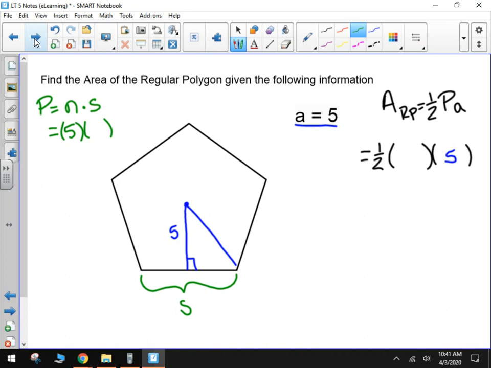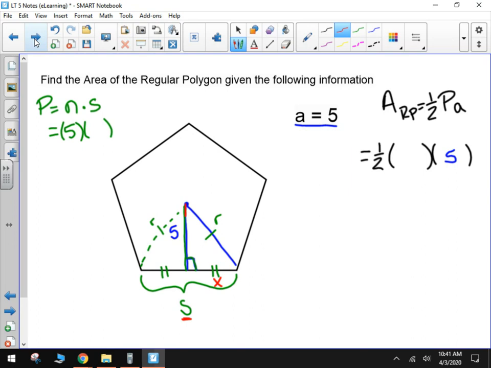Remember, when I draw this triangle, these two sides are the radii, and they're going to be equal to each other, creating an isosceles triangle. So when I draw the apothem, it not only makes 90 degrees, but it cuts the side length in half. So if I can find x here, all I have to do is multiply by 2, and it'll give me the side length that I'm looking for.